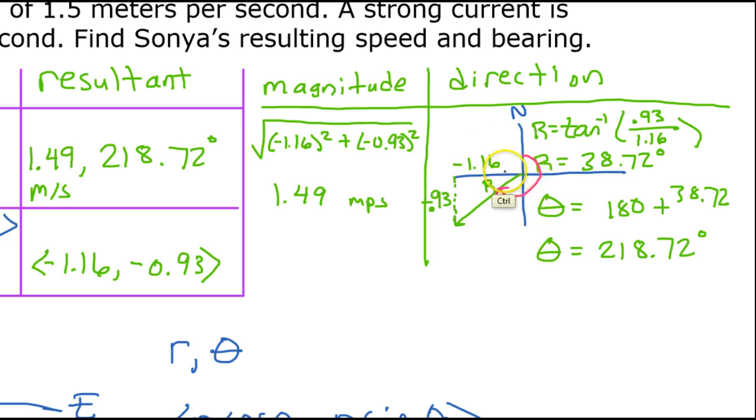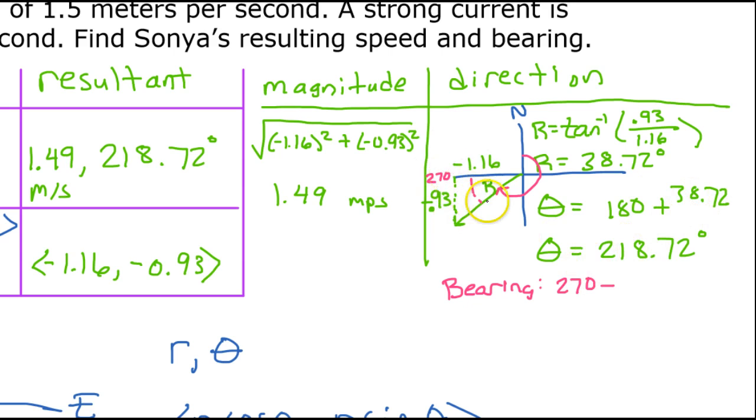Okay, and notice we were on our way to 270. If we had gone all the way around to west, that would have been 270 degrees. But we had to stop short by the amount of r. So the bearing, which is what they really asked us for, should be 270 minus the r.